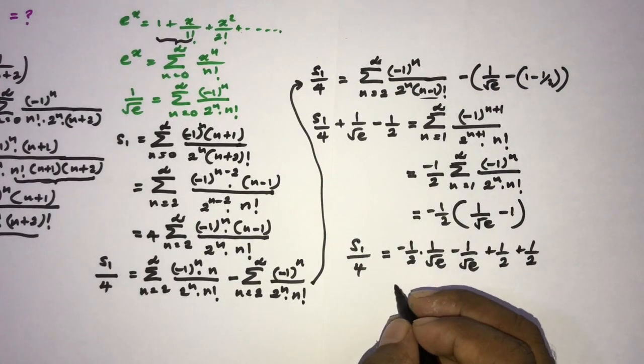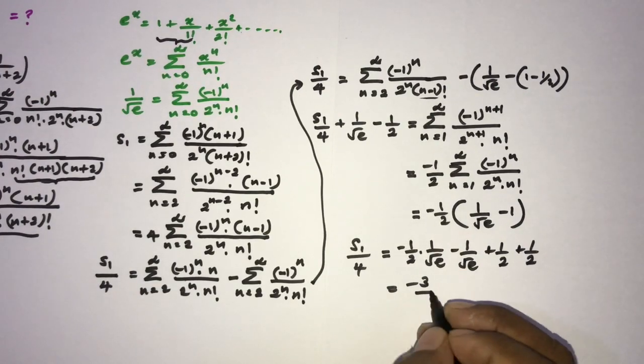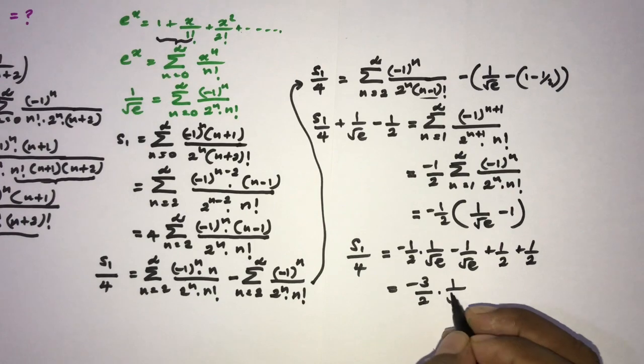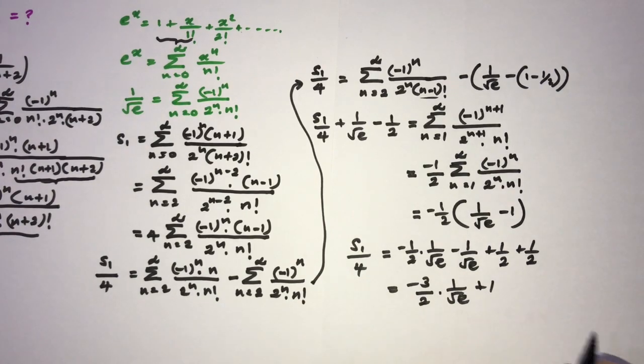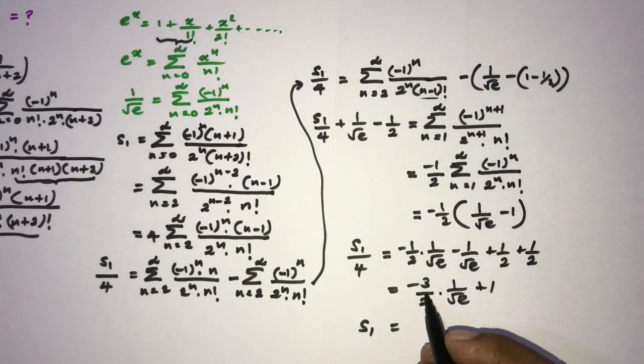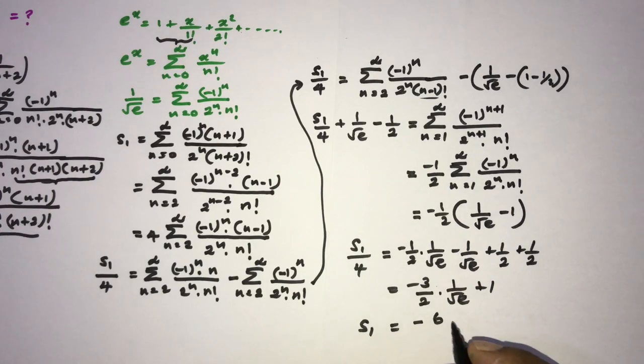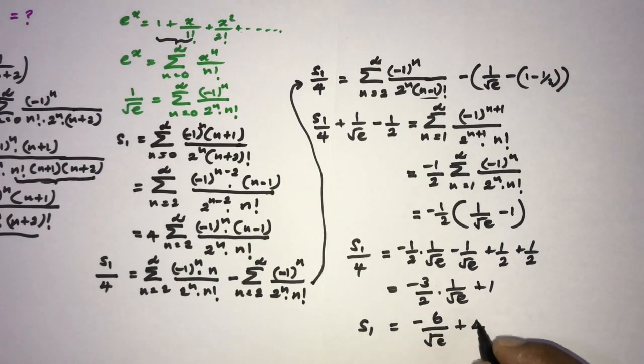Okay, then if we simplify, minus 1 minus 1/2, minus 3 over 2 times 1 over square root of e plus 1, then we can isolate S1. So S1 is equal to, here minus 3 times 2, so minus 6 over the square root of e plus 4.